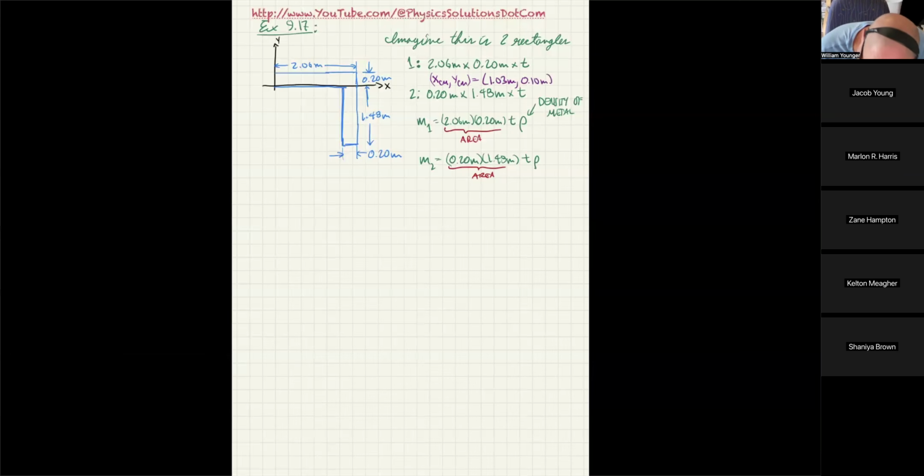And then the x center of mass, y center of mass for the second rectangle. In this case, it's going to be a half of 0.2 over, but remember, 0.2 starts at 2.06 minus 0.2, so that's 1.86. So I'm adding 0.1 to that 1.86, so that's going to be 1.96.